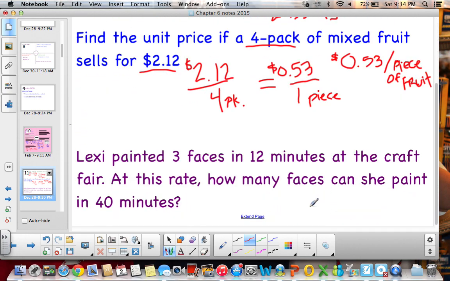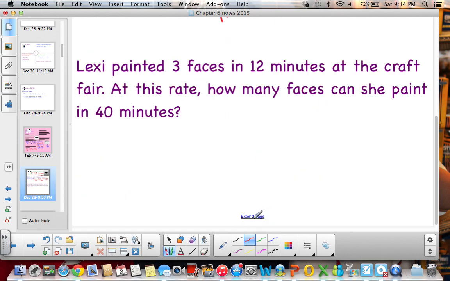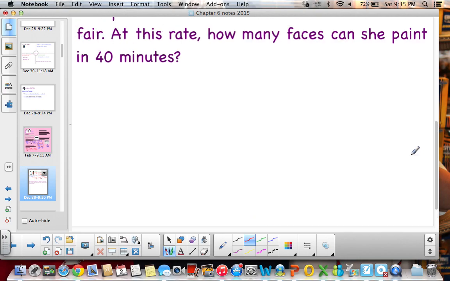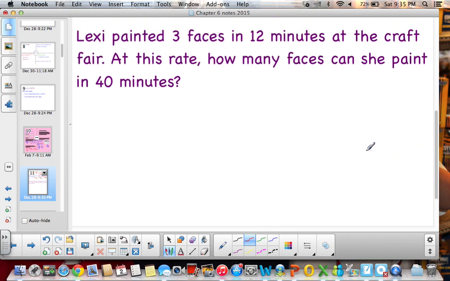Lexi painted 3 faces in 12 minutes at the craft fair. At this rate, how many faces can she paint in 40 minutes? So first we need to know how many minutes it takes for her to paint 1 face. So we want our unit rate, or we need to know the unit, which is how many minutes per face.